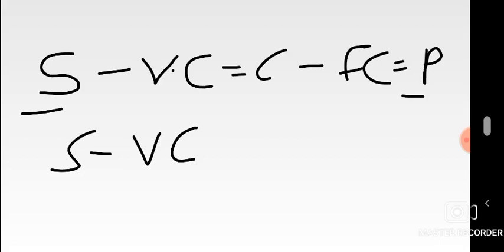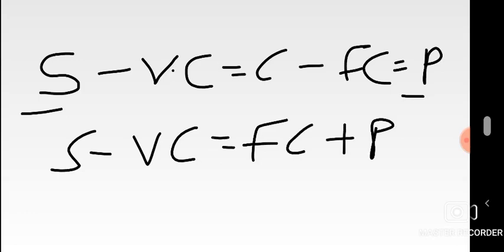So you're looking for contribution, which can still be like this, because once you take this side, the FC crosses the equal sign that side and joins P. It will become like this, plus P. Then your contribution is what is equating both sides in short.